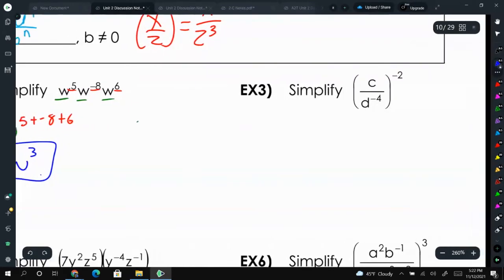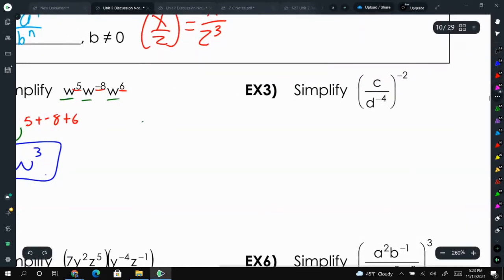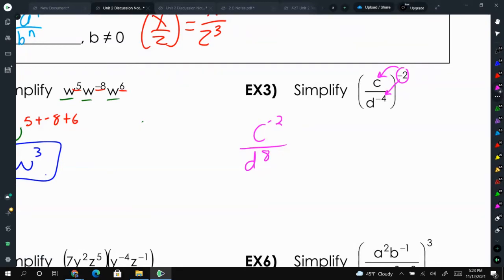Then example number 3, I can't simplify anything inside the parentheses, so now I'm going to distribute this negative 2. What that is going to get me is c raised to the negative 2 over d raised to the positive 8, because negative 4 times negative 2 is positive 8. So now I want to make sure all my exponents are positive.